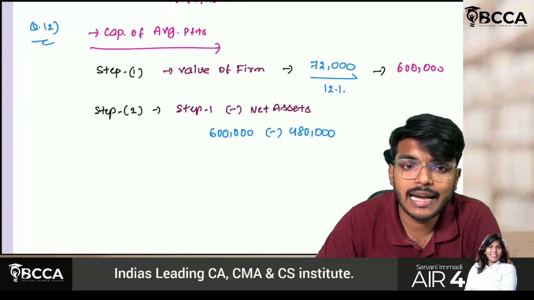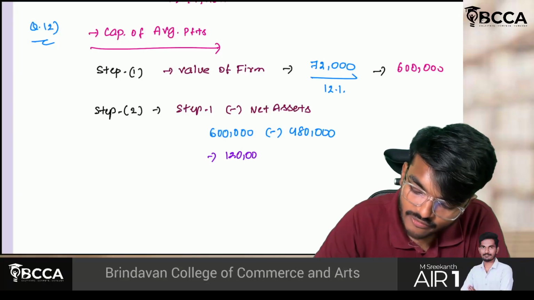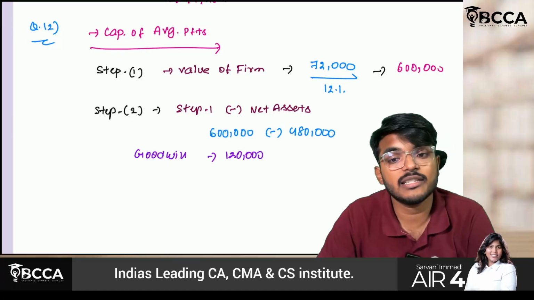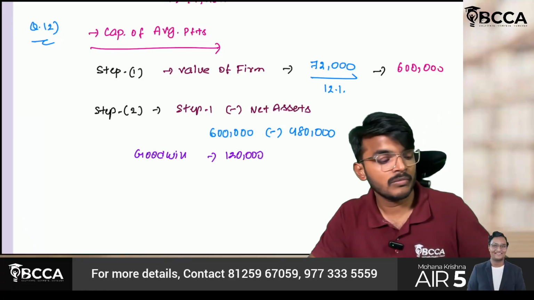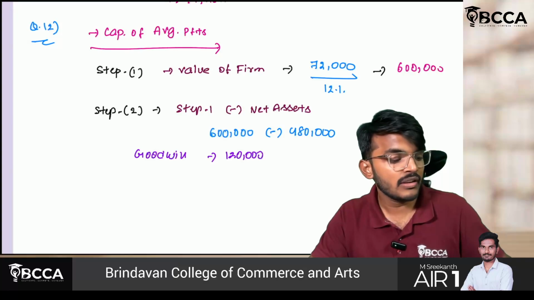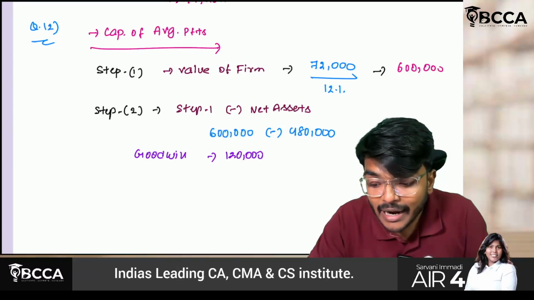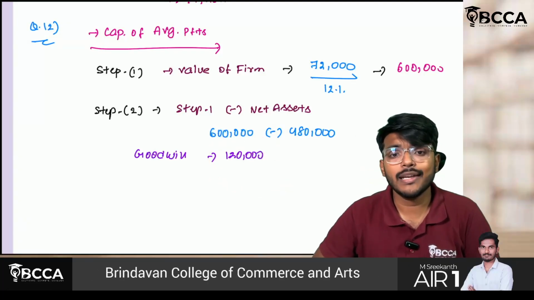So 6 lakh minus 4,80,000, the balancing figure is 1,20,000, and this is my goodwill according to the average profits capitalization method. I hope this point is clear.